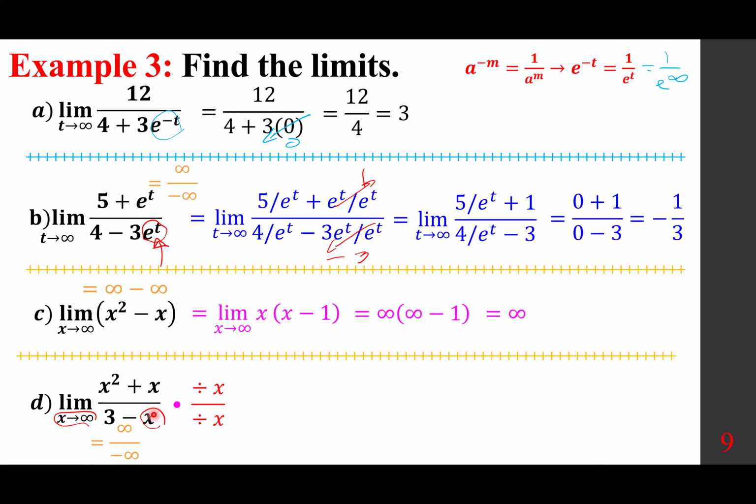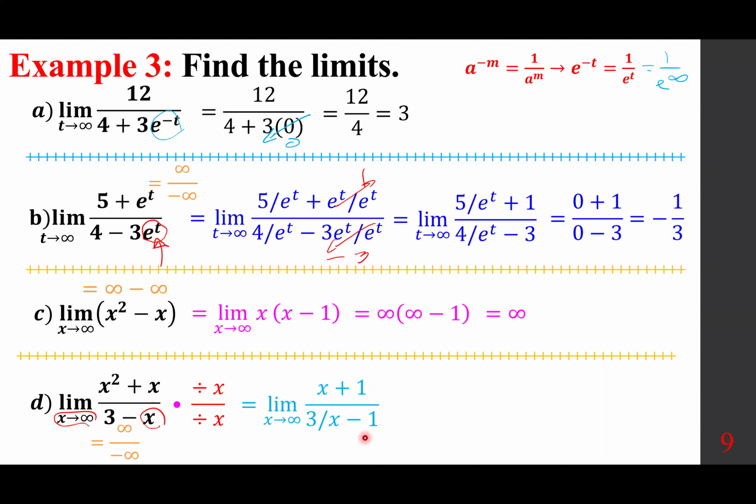If we divide by x, this becomes x, this becomes 1, this becomes 3 over x minus 1. And so when we plug in infinity, we get infinity plus 1 here.